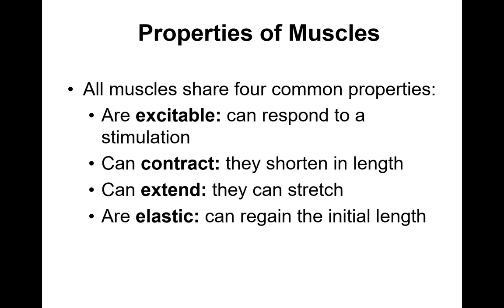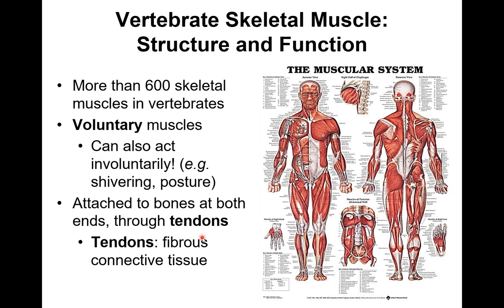At the same time, they can go back to the original length. In that case, they can extend. That's the third property that they have altogether. And ultimately, because of their elastic property, they can contract and then usually go back to the original length exactly because of their elastic properties.